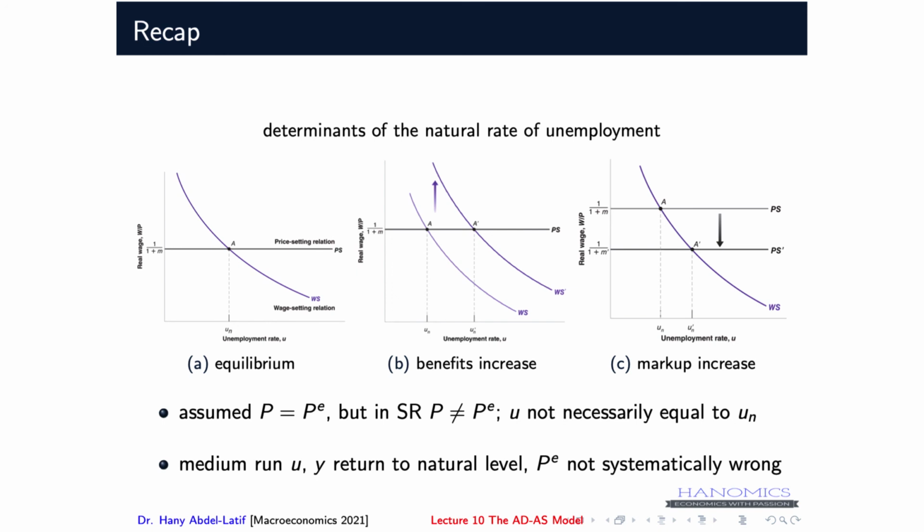So at some point, when we have enough time, we would imagine that the actual price level will equal the expected price level anyway. So we can converge to the intersection point, which denotes the natural rate of unemployment, which we discussed.